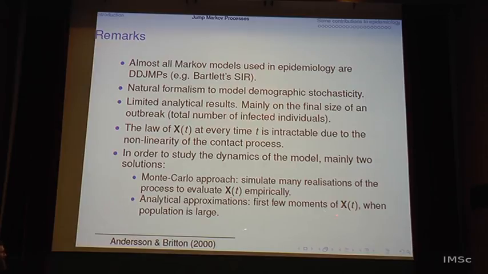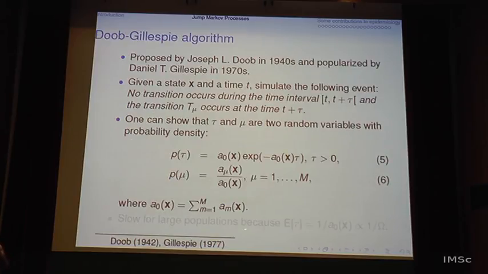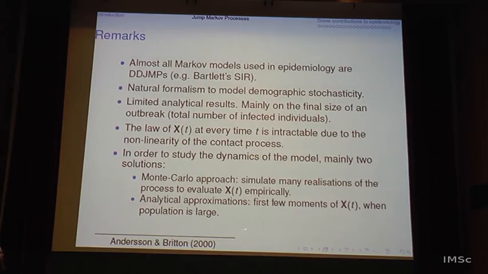The idea is to derive equations that are easy to solve for the first few moments of X_t. So X_t is really the distribution of my state space at time t. But this will only be valid when the population is large. So let's have a look first at the Monte Carlo approach.